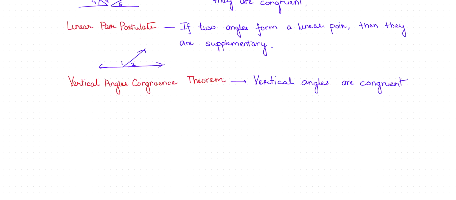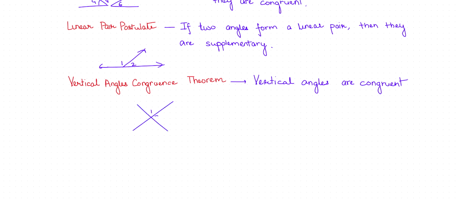So vertical angle congruence theorem says that vertical angles are congruent. So vertical angles are a pair of opposite non-adjacent angles formed when two straight lines intersect at a single point like this. So these are angles 1, 2, 3, 4.